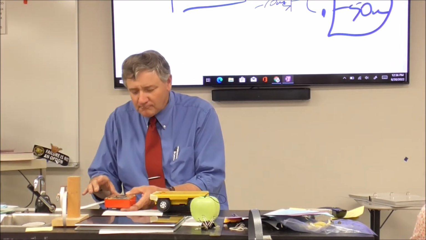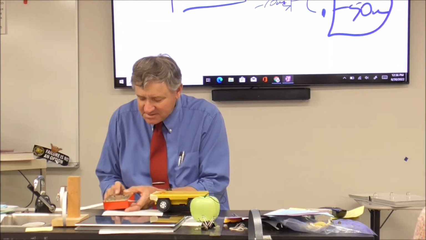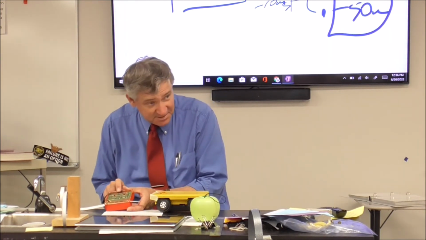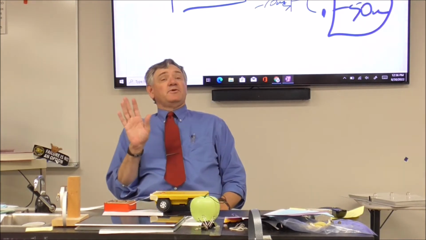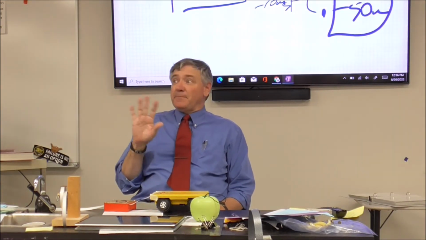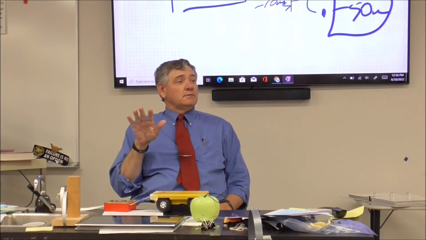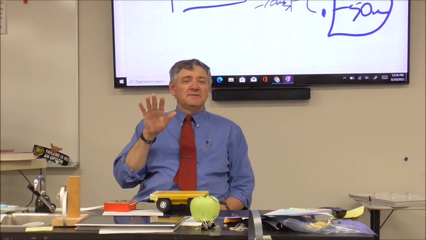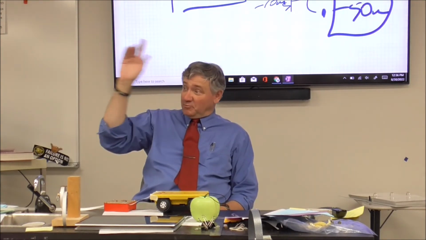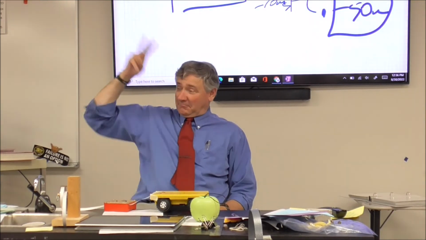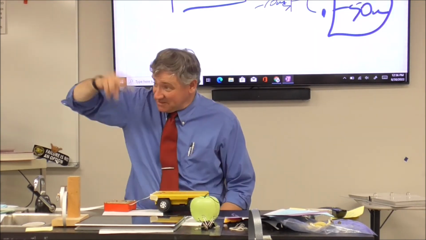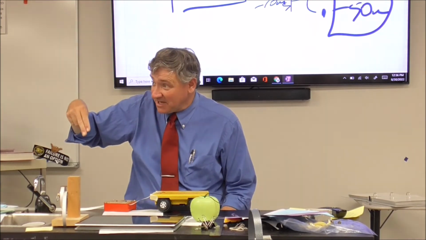Okay? But there are two different settings. There's a 10 hertz and a 60 hertz. Anybody know what the hertz represents? I remember them, but I don't remember what they represent. Is this the international sign for vibrations per second?